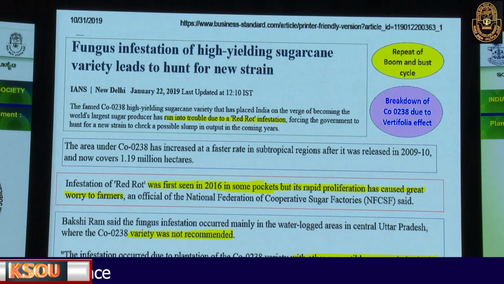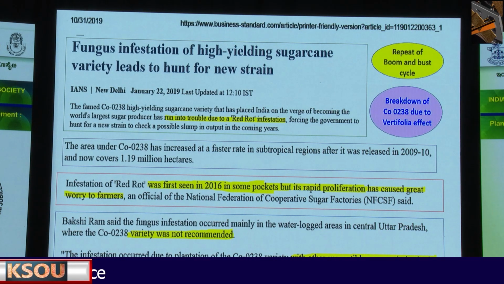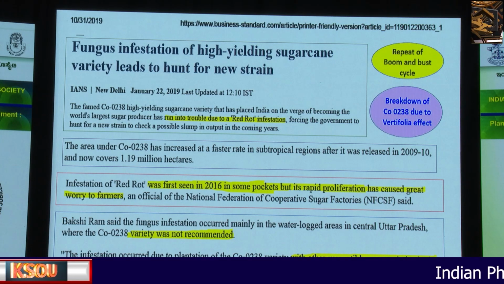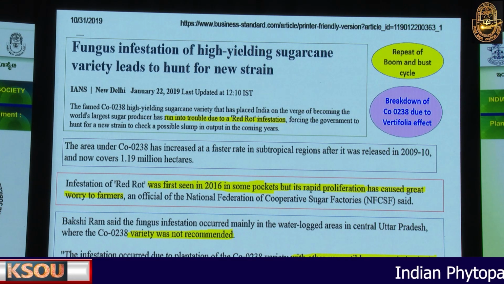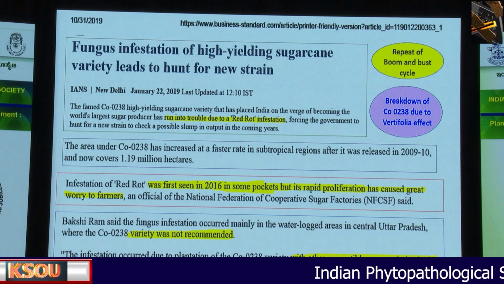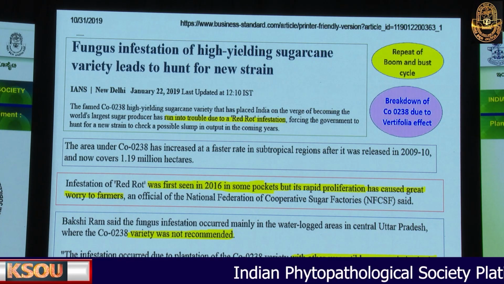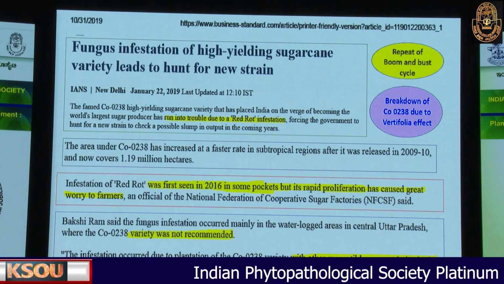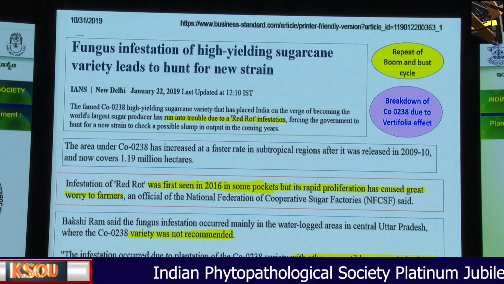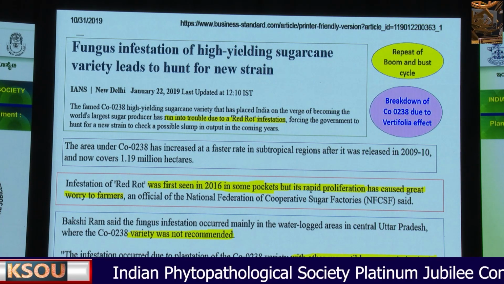A similar thing is what we are currently facing. As I was mentioning, variety 0238 has been adopted in more than 90% of the cane area in the subtropical region, and recently it has broken down. This was reported in newspapers, and it is almost a monoculture which we have.